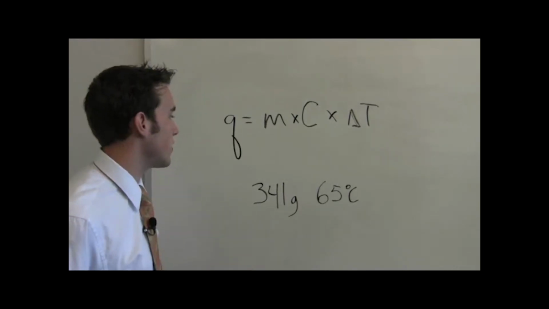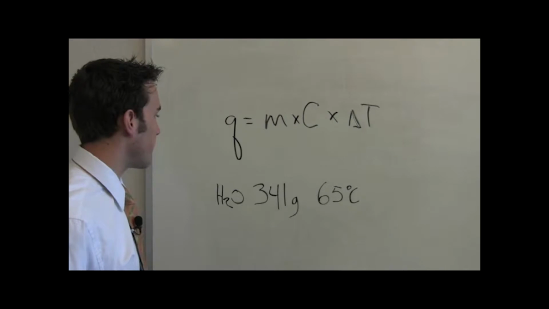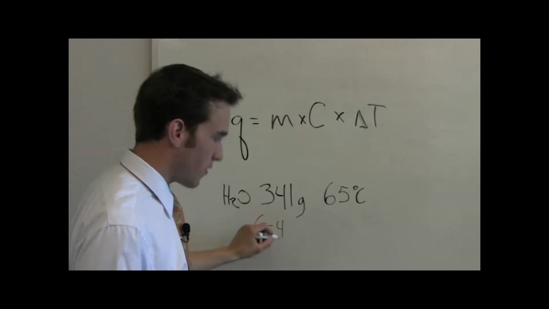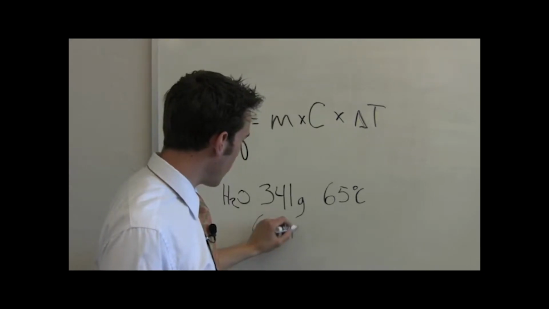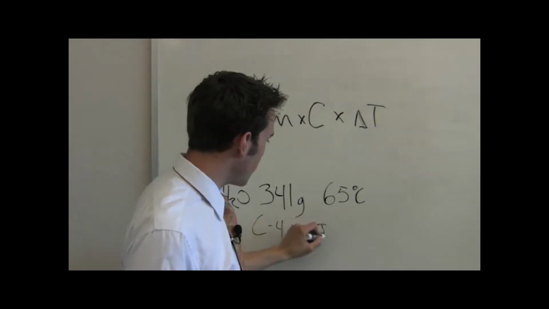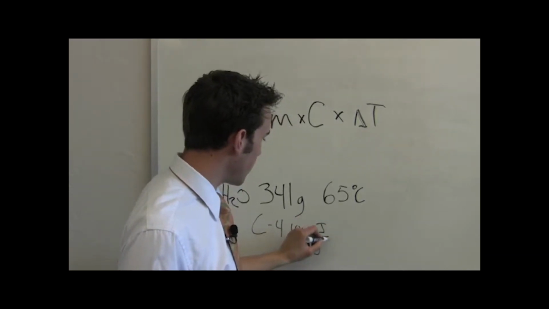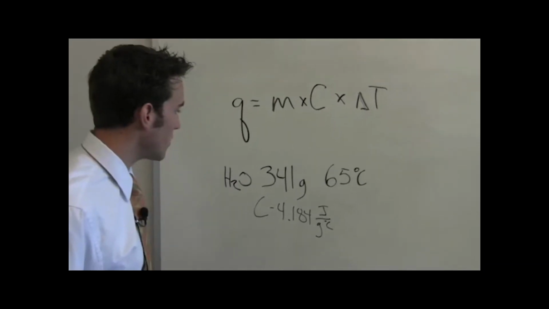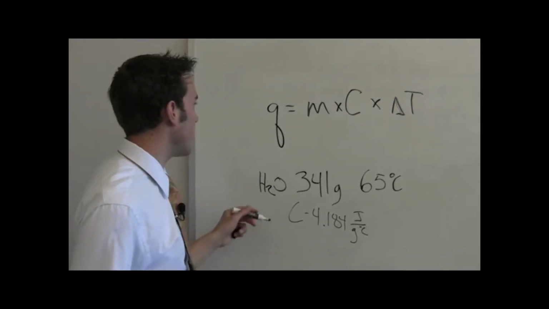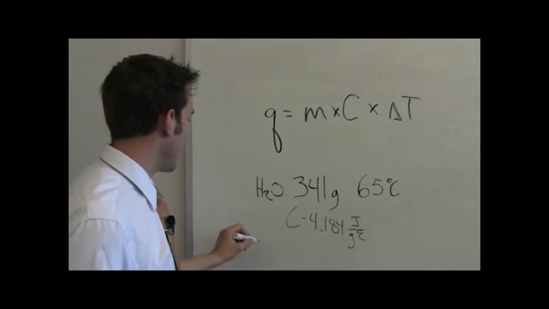So with this information, knowing that we're dealing with water, and we know that the specific heat capacity is 4.184, and the units here are joules over grams degrees Celsius. With that information, we'll be able to calculate the heat that was absorbed by the water with our equation.